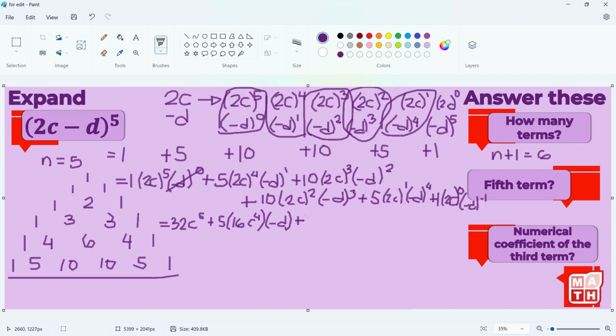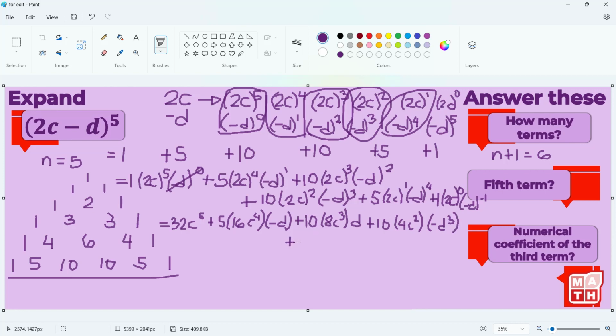Then plus 10, you have 8c cubed, and the square of negative d is just d squared. Plus this here, you have 10 times 4c squared, and the cube of negative d is also negative d cubed.